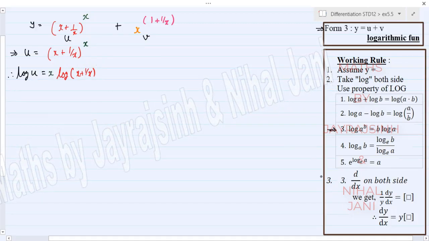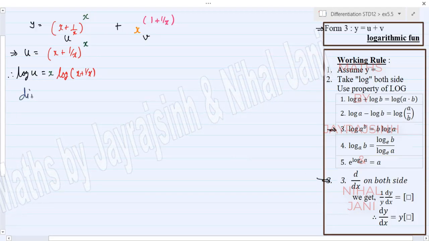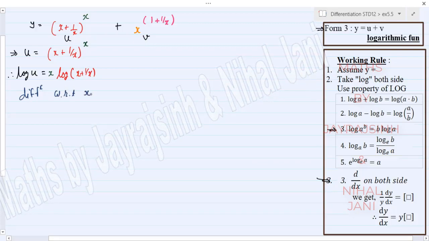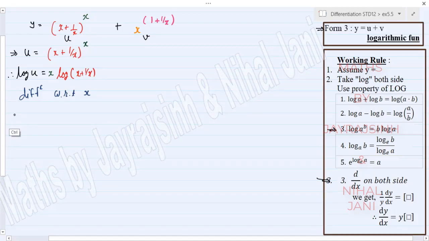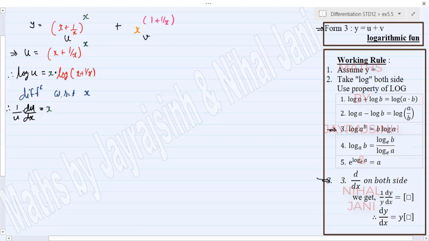So now we should move to the third step, in which we have to differentiate our equation with respect to x. So differentiation of log u will be 1 upon u du by dx, and on the right hand side your x will be as it is.